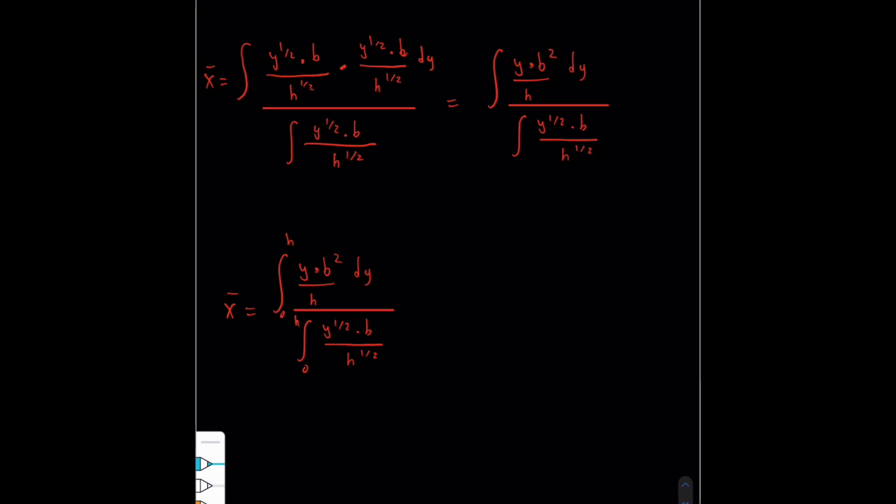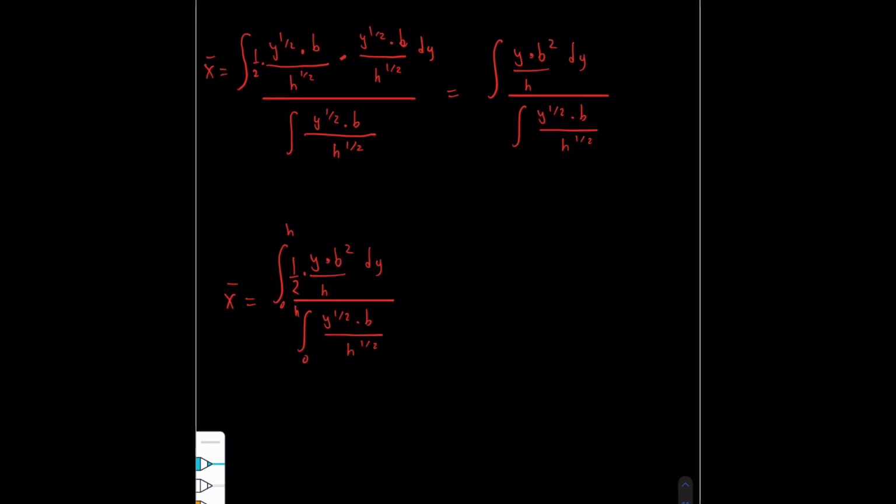This has to be divided by 1/2, because as we said, x was going to be divided by 1/2, as stated here. And I guess you have to put them here as well. Yeah, okay, whatever. It's here.